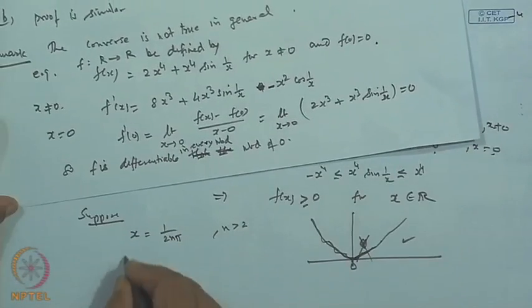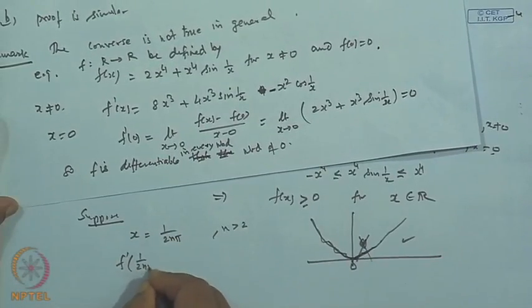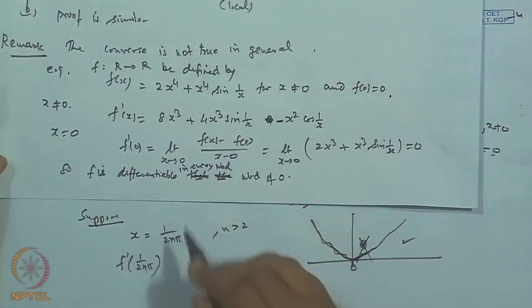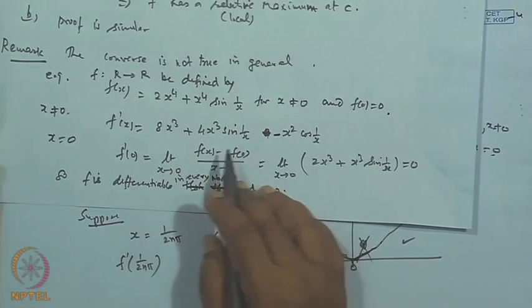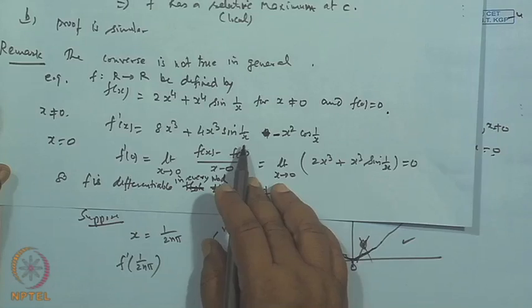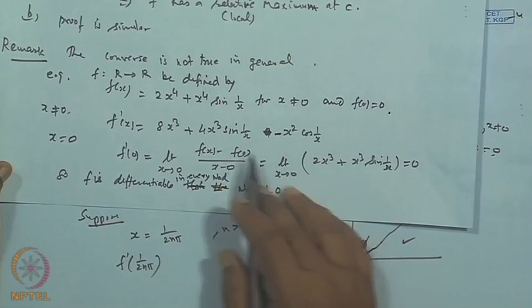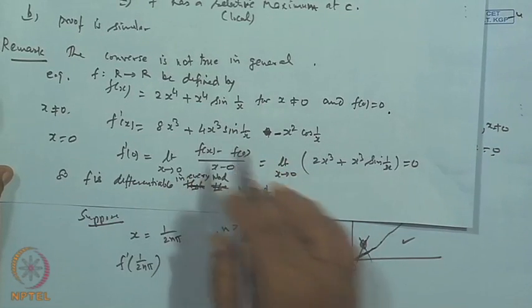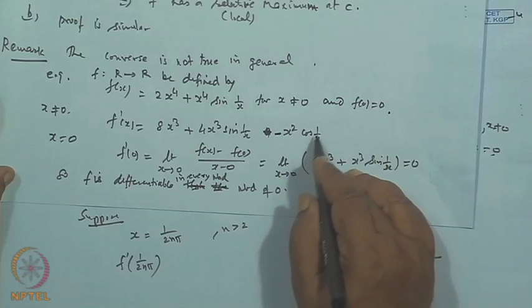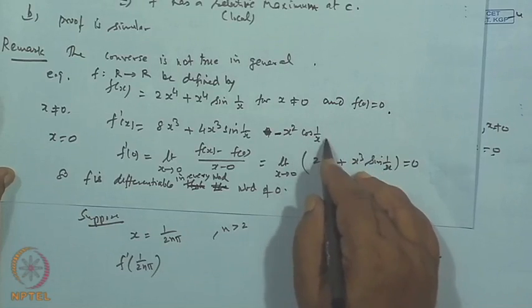This derivative f prime x at this point is positive. Now, since it is 2 n pi, this will be 0, this will be 0, and here it will be something negative, is it not?